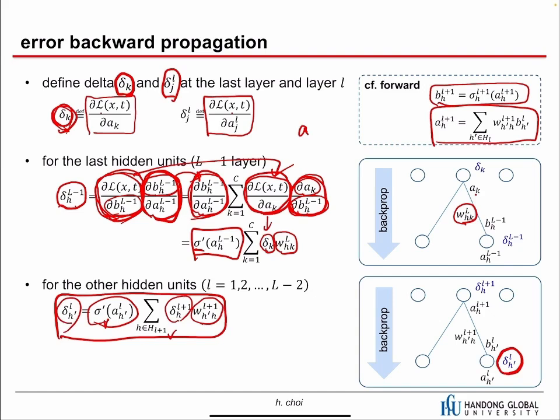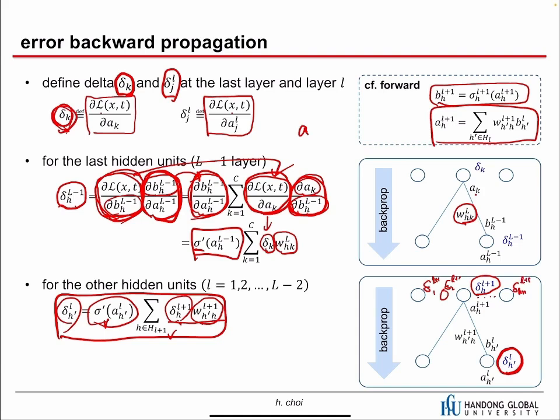Okay, so let's focus on this summation first. In this summation, we have delta h L plus 1 times this weight. So we have delta 1, delta 2, up to L plus 1, etc. Let's say we have hn nodes in this layer.